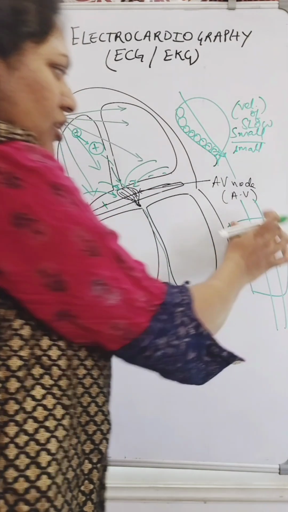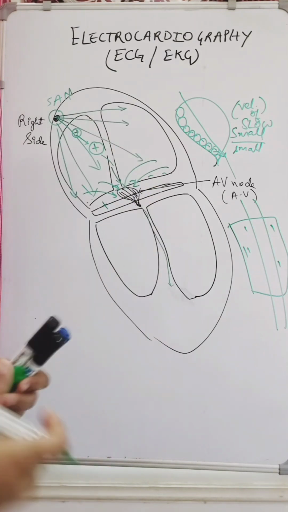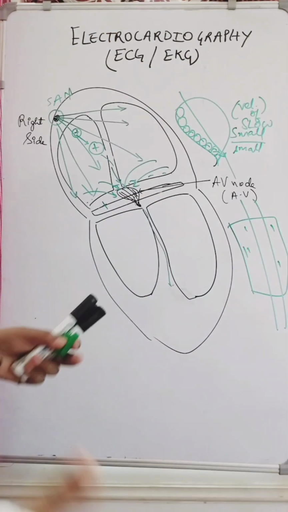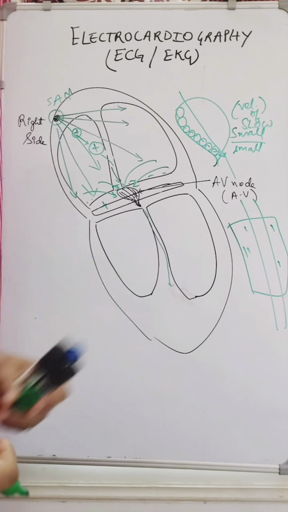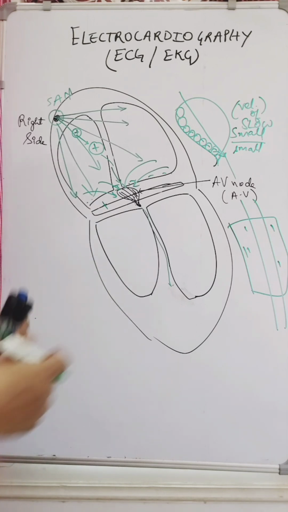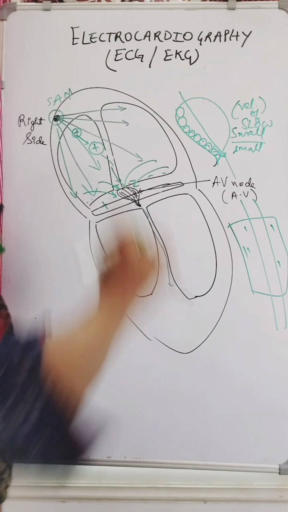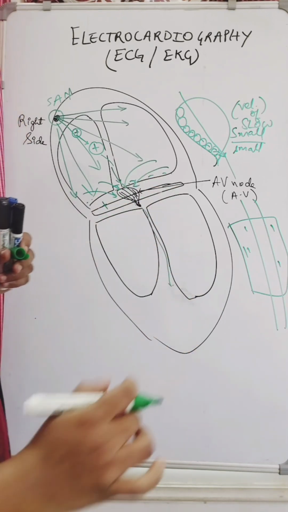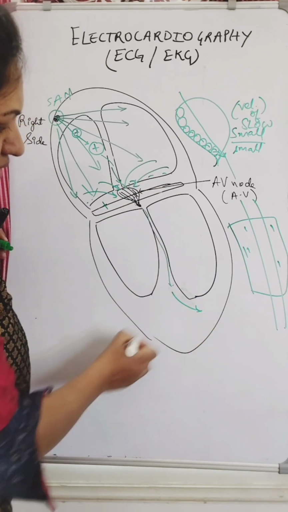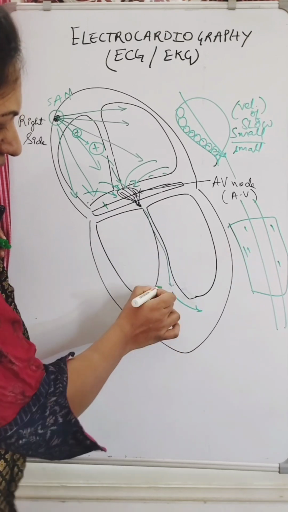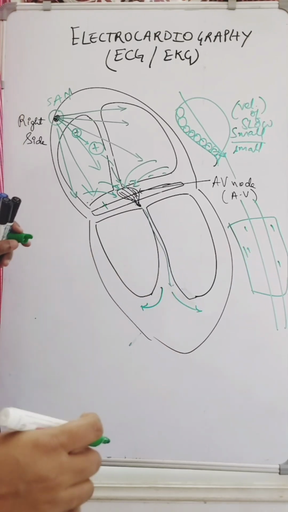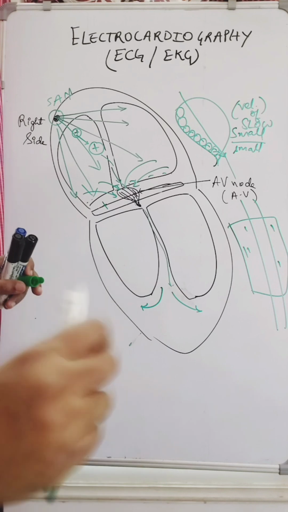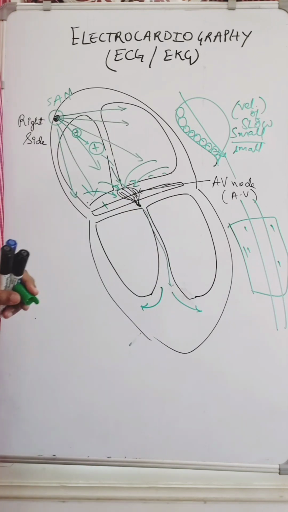And the surface area of the cells is also quite large. So the more the surface area, the faster the flow of electric impulses. Therefore, the electric charges moving through the bundle of His and the left and right Purkinje fibers are at a fast velocity.